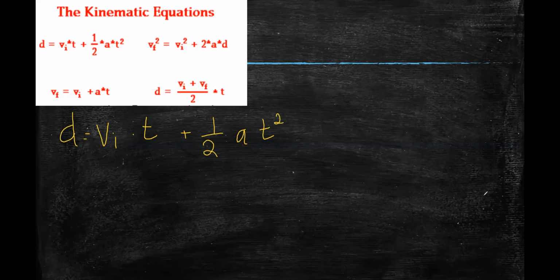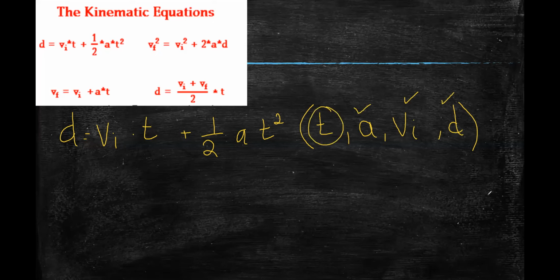Here, what does it mean? If you know the time, if you know the acceleration, if you know the v initial, and you want to find d, you can use this equation. Or if you know the v initial, if you know the displacement, if you know the acceleration, and I'm asking you to find t, you can use this equation too.